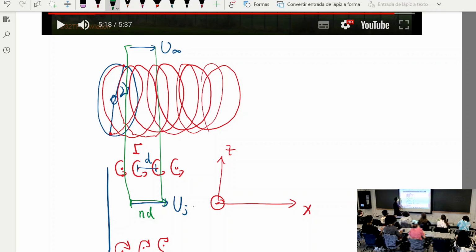Okay, and let's equate that 2 gamma with the actual circulation we can compute, right? The integral. Okay, so the integral has 4 legs. Let's imagine this is in this direction and this direction. Okay, it has 4 legs. The first leg is nd, the length, times u infinity, right? So that's from leg number 1.